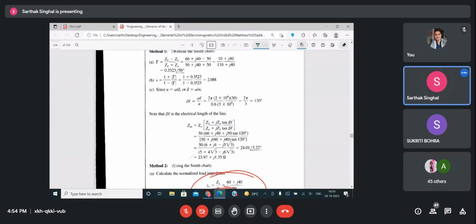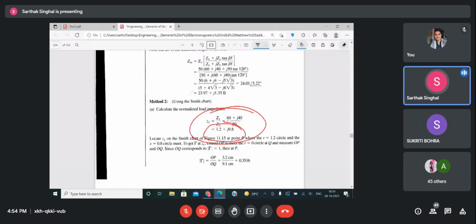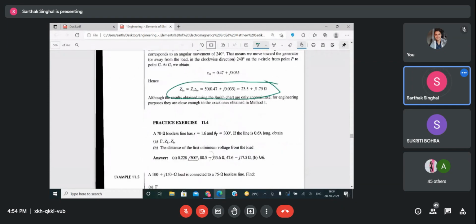What about the input impedance? We got 23.97 plus j1.35 ohms, and from the graph we get 23.5 plus j1.75 ohms. So for calculating the reflection coefficient and VSWR values, either method is fine.